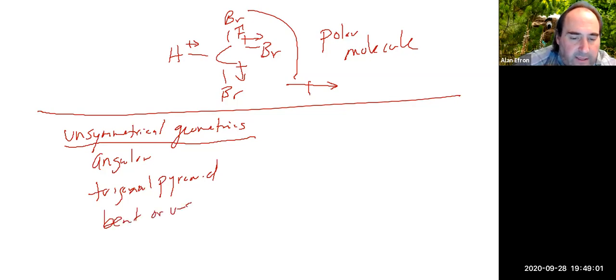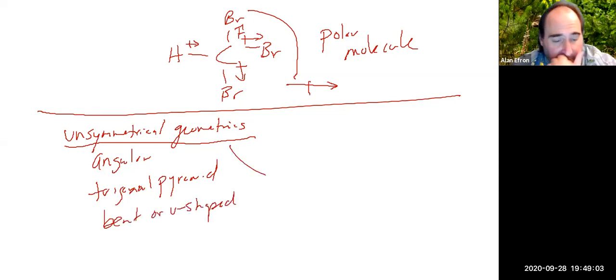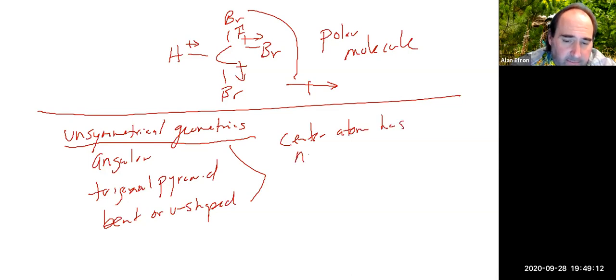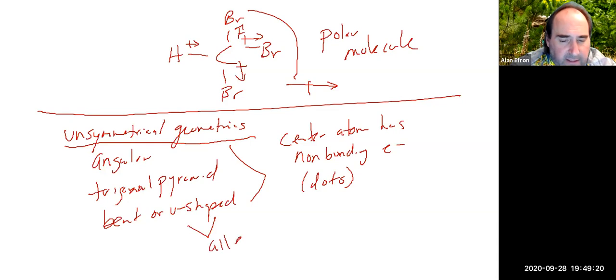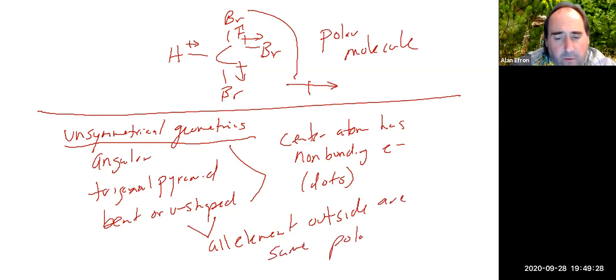And what all these have in common is that if you draw your Lewis structure, your center atom has non-bonding electrons, basically dots. And if you have that situation and all the elements on the outside are the same, it will most likely be a polar molecule.